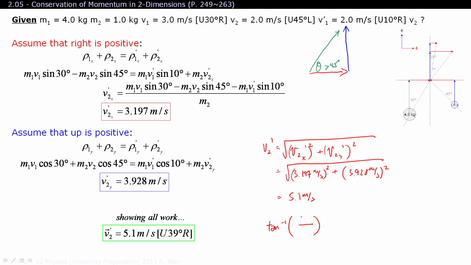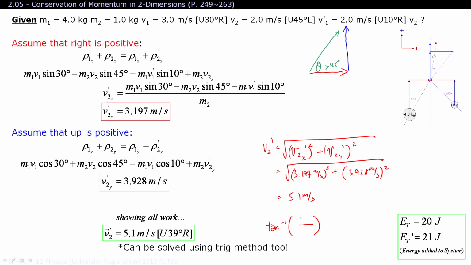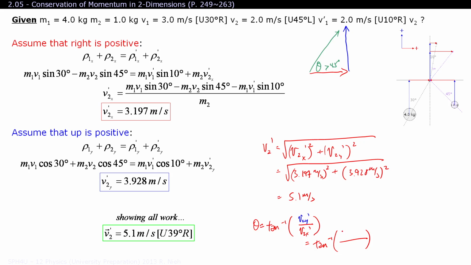Okay, so we're going to do the tan inverse of v2y over v2x. So that's equal to the tan inverse of 3.928 meters per second divided by 3.197 meters per second.